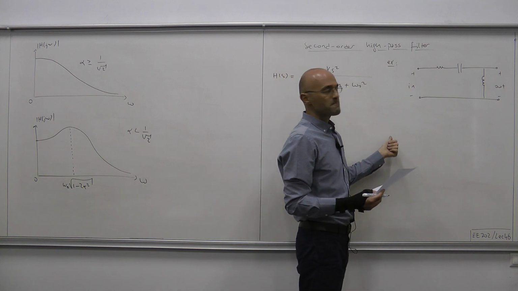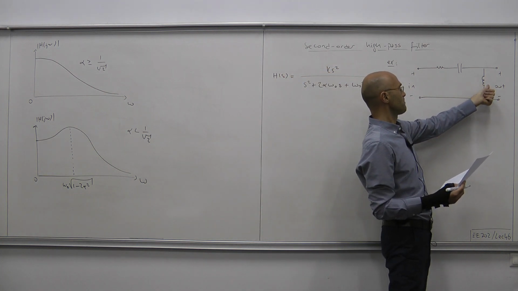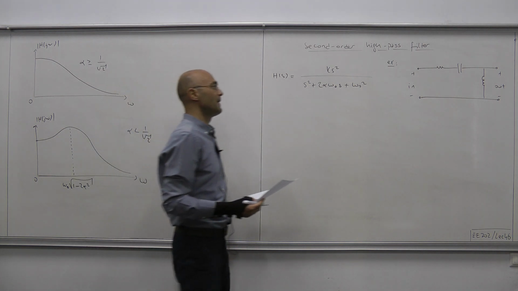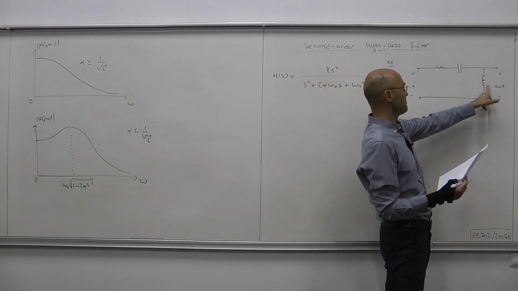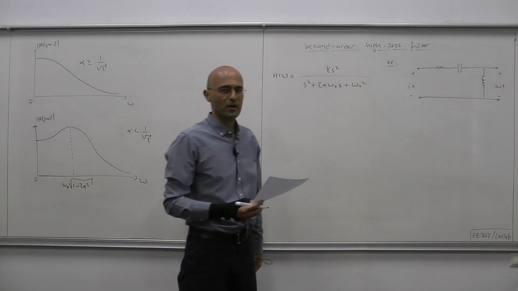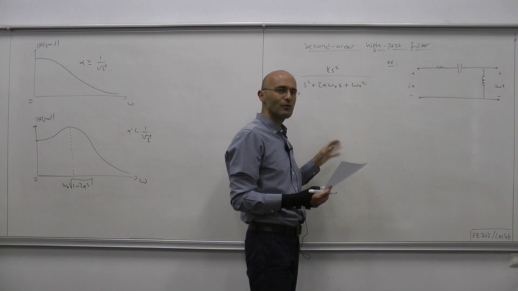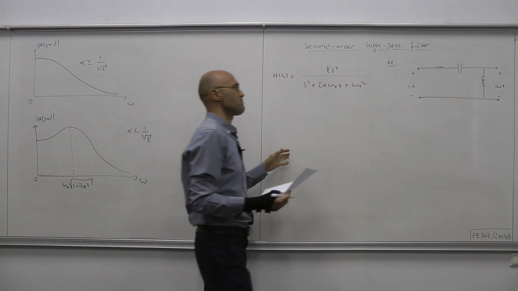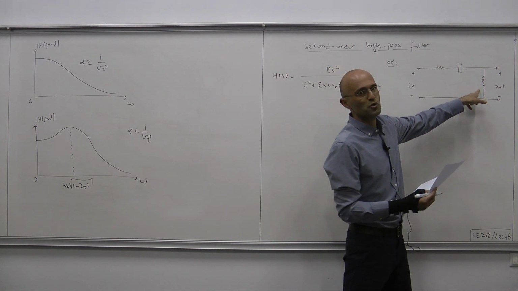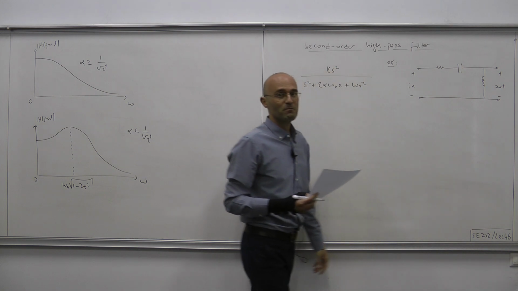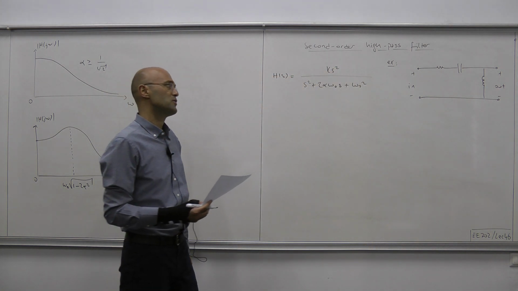At low frequencies, that is frequencies close to DC, we know that at DC steady state the inductor behaves like a short circuit, or its impedance is j omega L. When omega is around 0, impedance is very tiny, so the inductor behaves like a short circuit. So we will not see much voltage across its terminals.